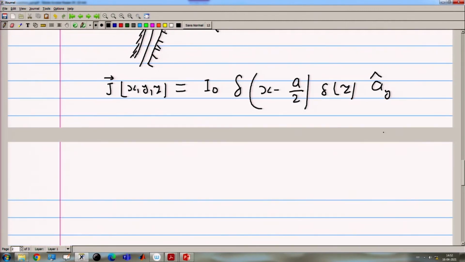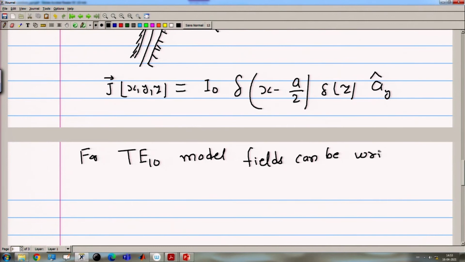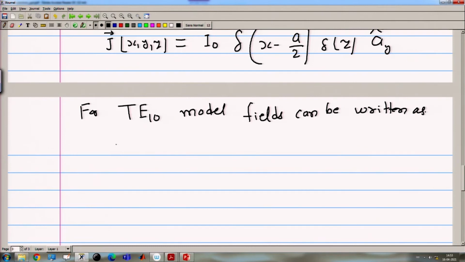And for the TE10 mode, the normalized electric and magnetic modal fields can be written as: E1 equal to a y times 1 by sine of pi x by a.